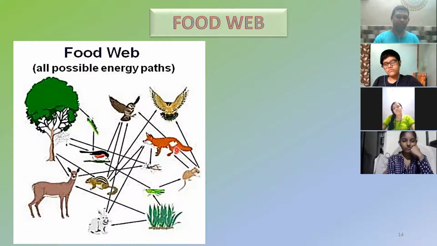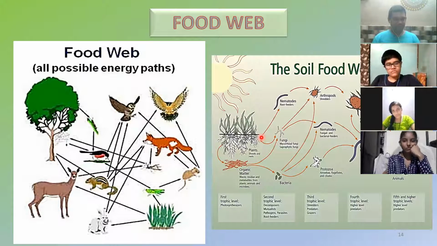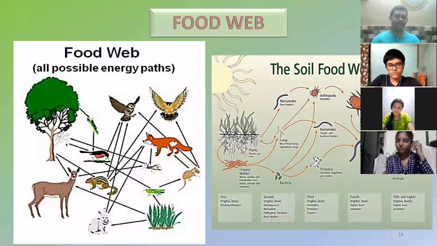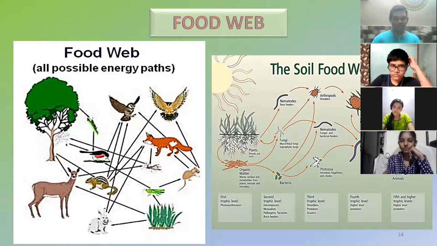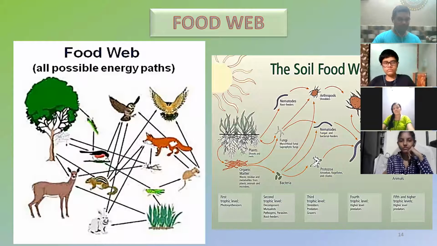Similarly, there can be a food web even in the soil, where there are producers and organic matter present. So there can be animals like nematodes, fungi, bacteria, protozoa, some small insects, some large insects, some other animals, and ultimately birds. If you see earthworms, birds also eat them, correct?